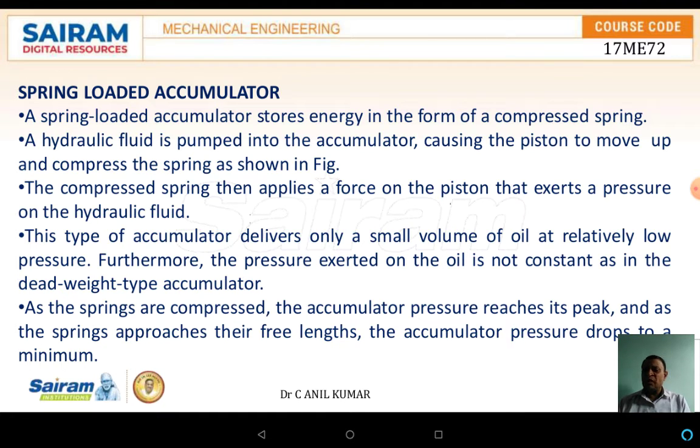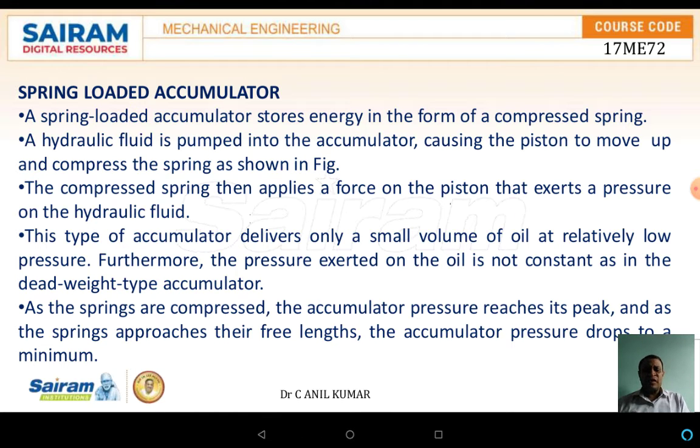The spring loaded accumulator is another type of accumulator where the energy is stored in the form of a compressed spring, by means of spring force. The hydraulic fluid is pumped into the accumulator, causing the piston to move up and compress against the spring force. The compressed spring then applies a force on the piston that exerts a pressure on the hydraulic fluid.